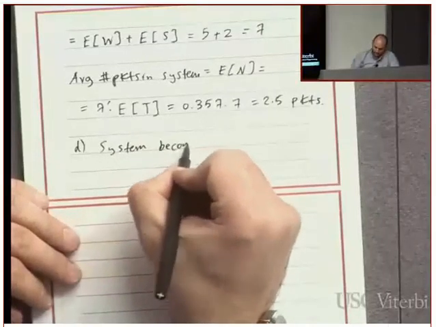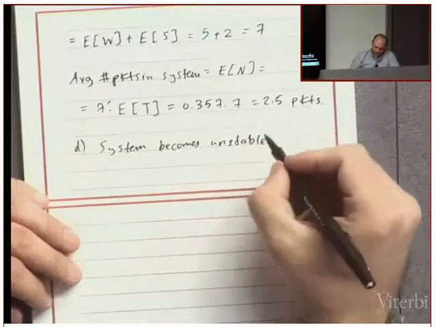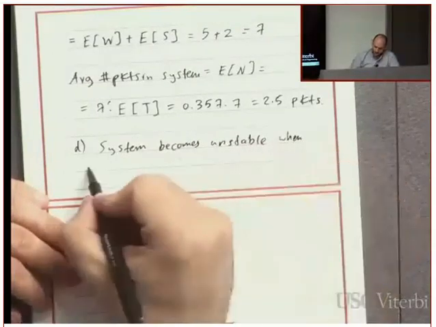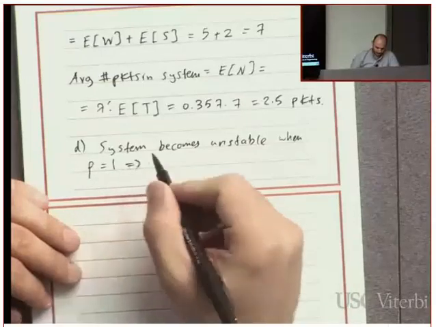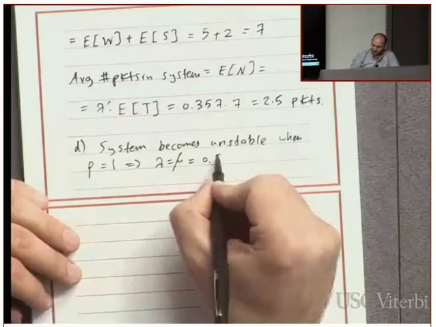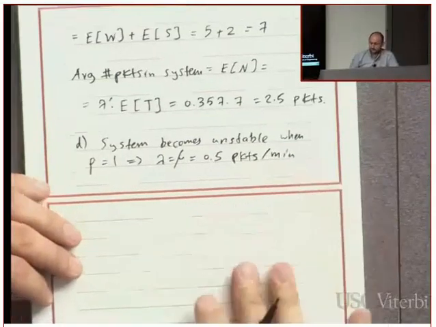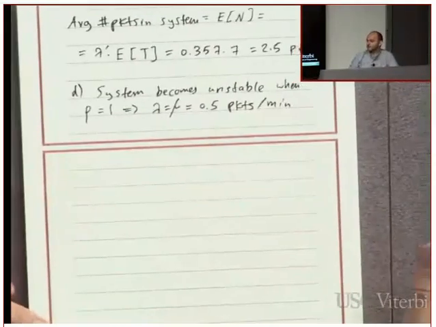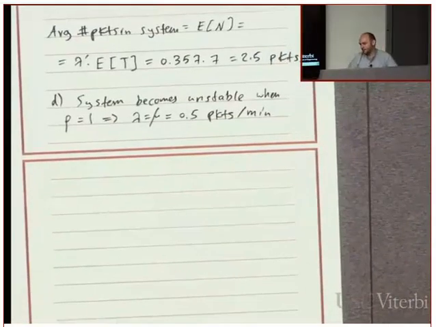System becomes unstable when rho equals 1, which means lambda equals mu equals 0.5 packets per minute. Do you agree? That's a basic definition. Come on, everybody knows that. Don't tell me that you don't remember this result.